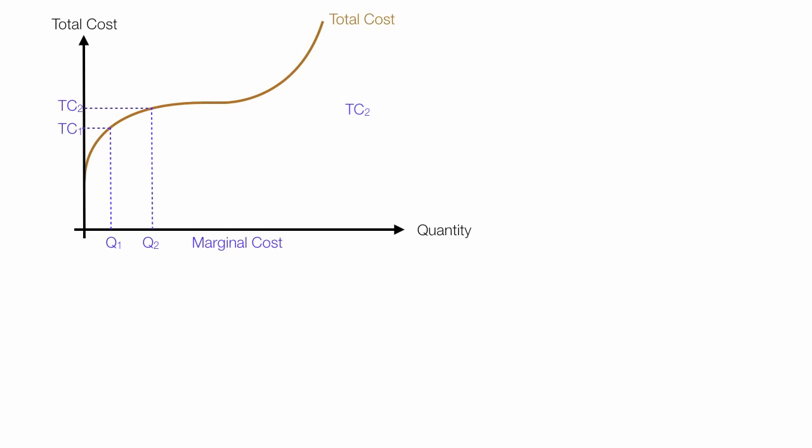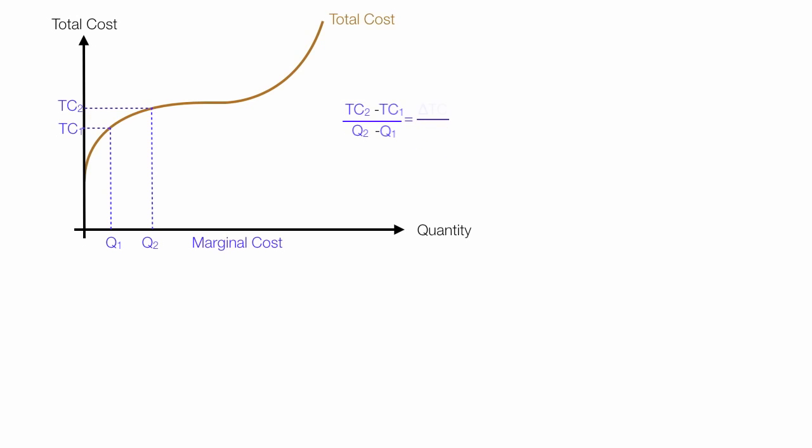To do this, I take the second total cost minus the first total cost divided by the second quantity minus the first quantity. You probably recognize that this is the same as the rise over the run, which is equal to slope.